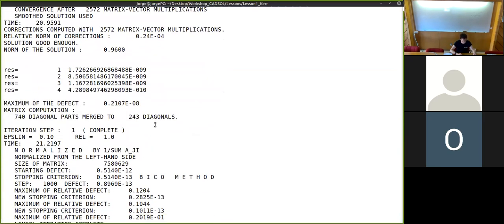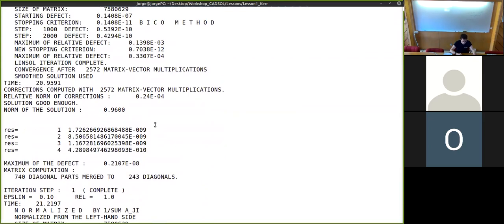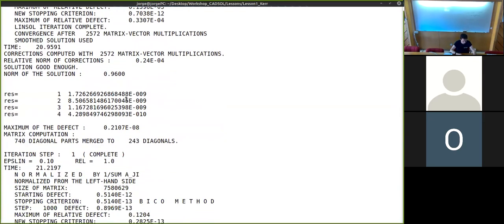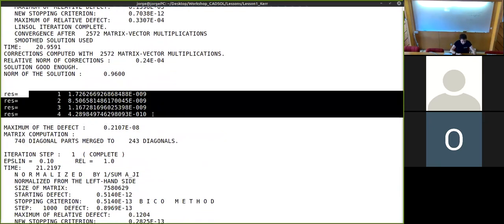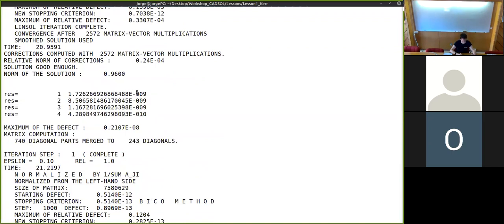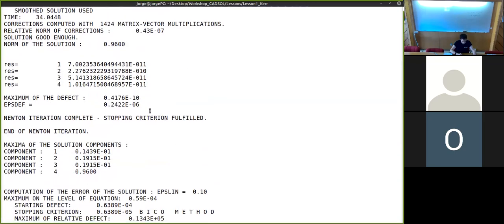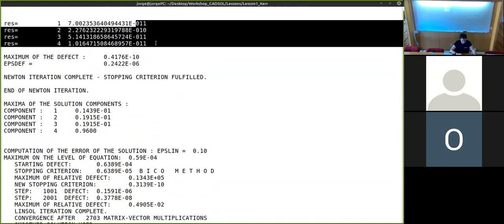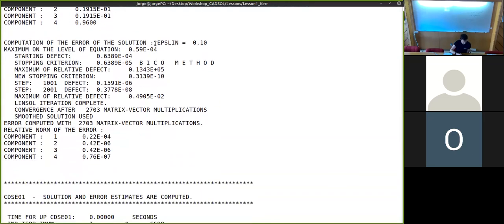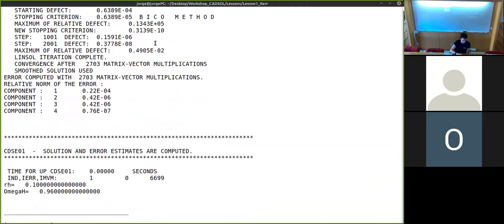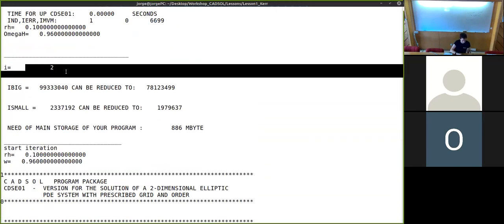Then we can also look, for example, now that the solver has run a bit more, as you can see, the residuals are a bit better. So 10 to the -9 and 10 to the -10. And here you get to the -11 power. So here it ended the first iteration, and you will also do the second and the third iteration.